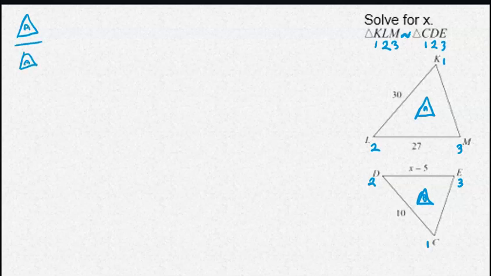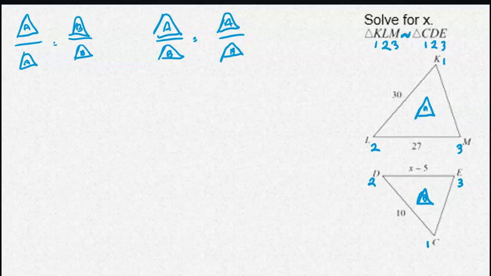I could set it up this way, where I have two parts from triangle A and triangle B, or I could set it up where I have corresponding sides on top of each other. The most important thing I could do is make sure that I'm consistent in my order.